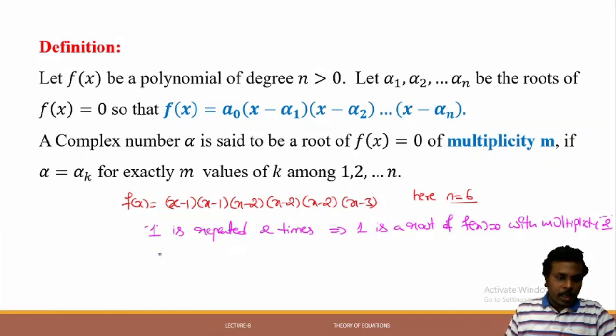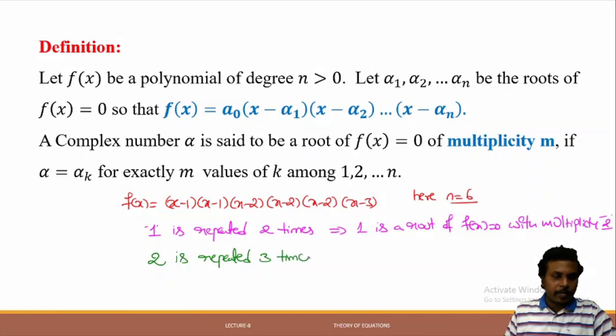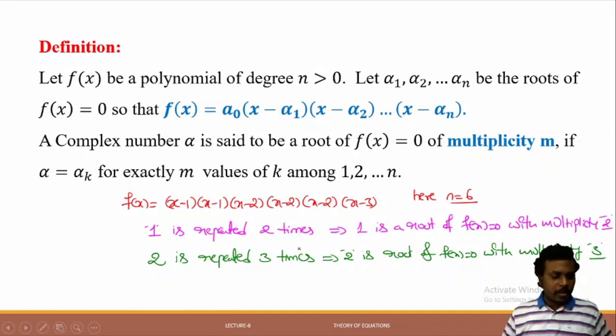Now 2 is repeated 3 times, which implies 2 is a root of f of x is equal to 0 with multiplicity 3. Hope you have understood the definition.